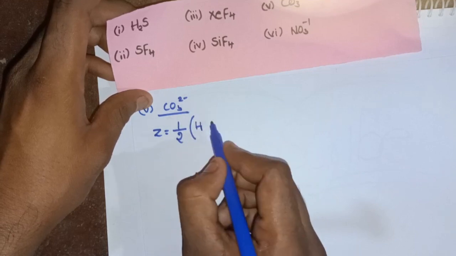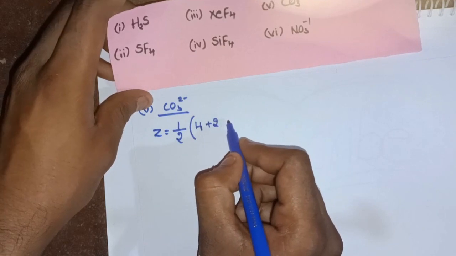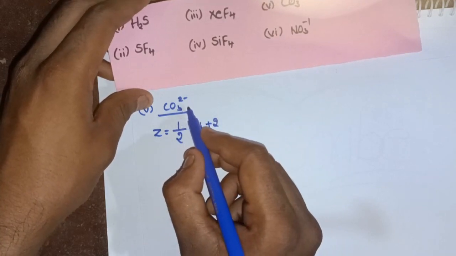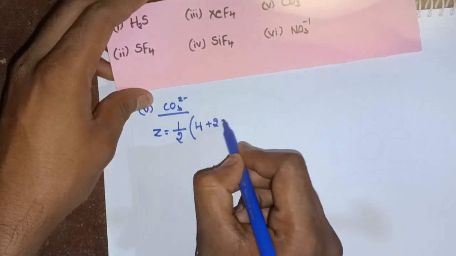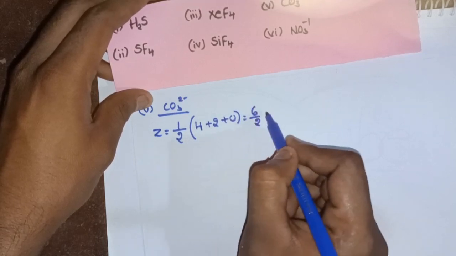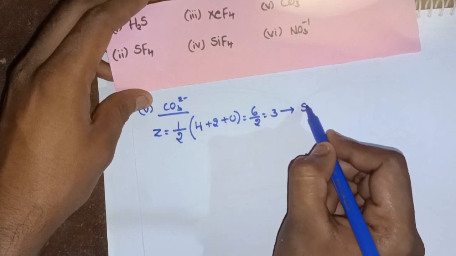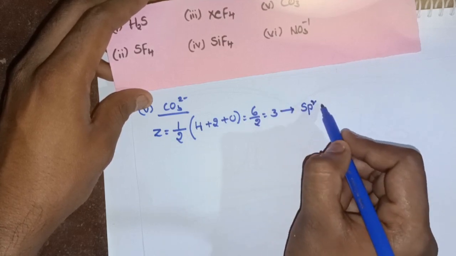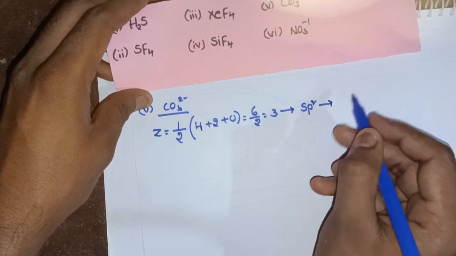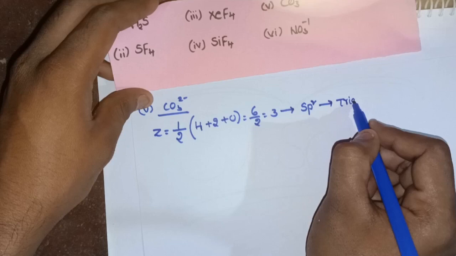Here there is a negative charge, so we have to add it. Plus positive charge, is there? No. Number of monovalent atoms 0. That is 6 by 2, that is 3. So it is sp2 hybridization, having the geometry trigonal planar.